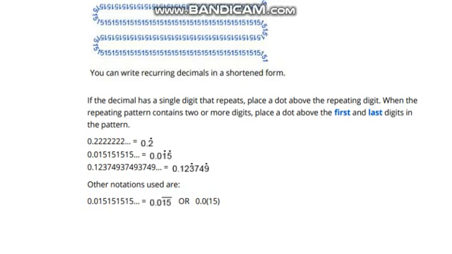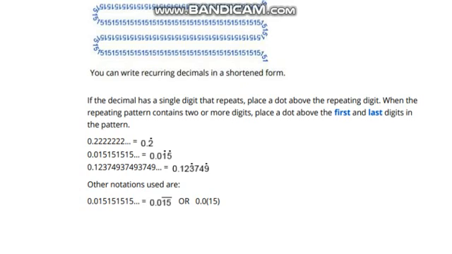In the second example, if we get 0.0151515, we have 1 and 5 as the repeating digits, so we can place a dot above the 1 and the 5. How about 0.123749? The repeating digits are 3, 7, 4, and 9. You can place a dot at the beginning and at the end.